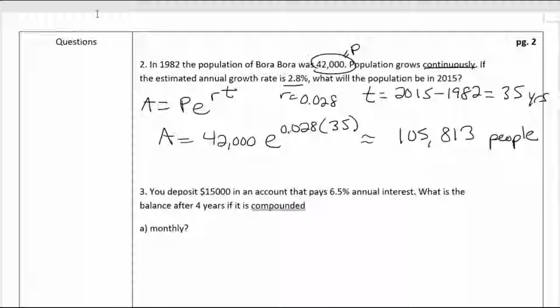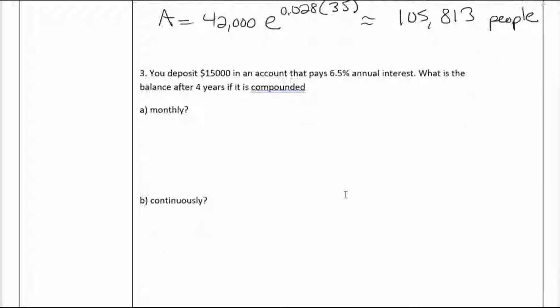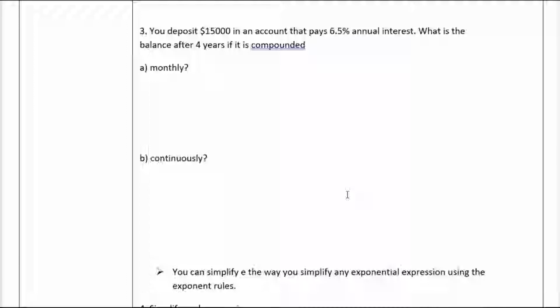All right, pretty straightforward. Now for number 3, you're going to repeat what we just did, but in a different scenario. This time we want to do compounding monthly and continuously. If we're doing it monthly, we use the regular compound interest formula: A equals P times 1 plus R over N, raised to the NT. This is your principal, how much you start out with.